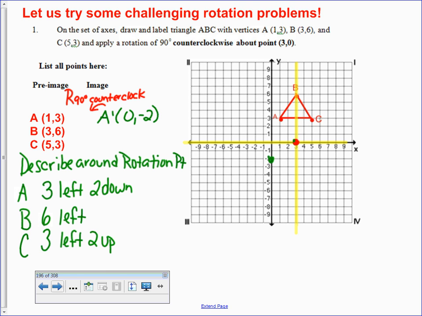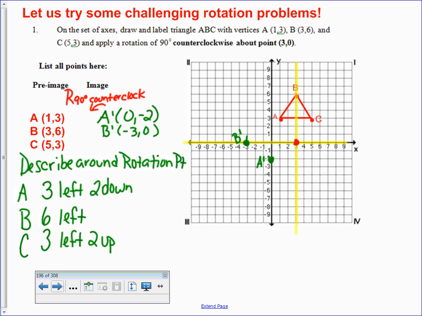Again, let's start out with the rotation point, and let's see what the description for B is. B was 6 units to the left. 1, 2, 3, 4, 5, 6 units to the left. And I'm going to record that for B prime. When you state the location, you actually have to start at the origin. The location for B prime is at (-3, 0).